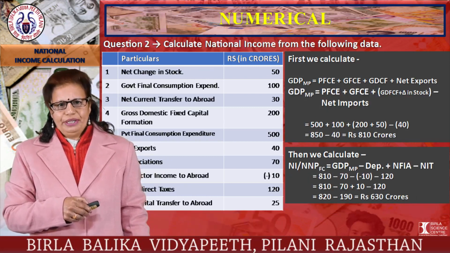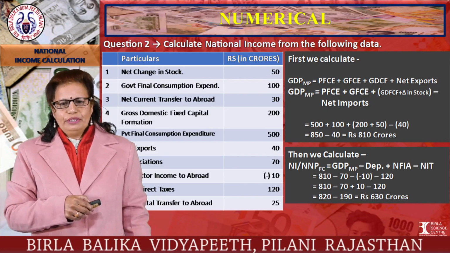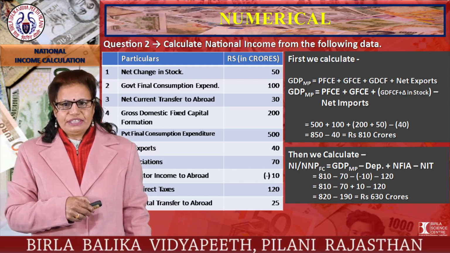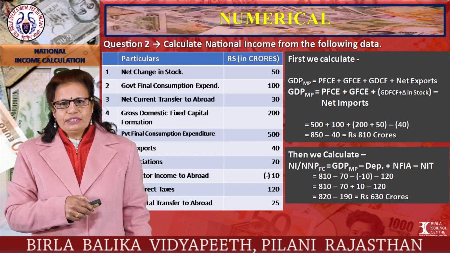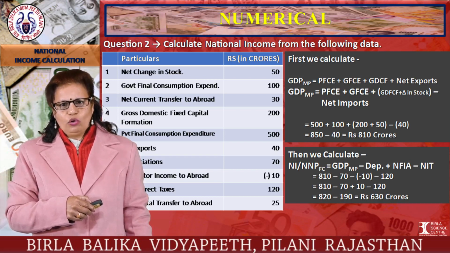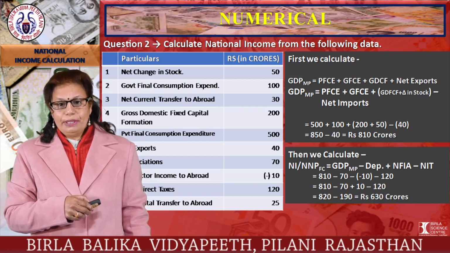Now in the next numerical, one trick you have to keep in mind: when in the question gross domestic fixed capital formation is given, then you have to add change in stock. So in the first step, we will calculate private final consumption expenditure plus government final consumption expenditure plus gross domestic fixed capital formation plus change in stock minus net imports.